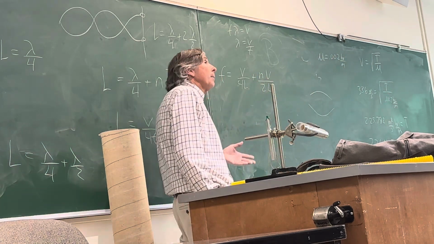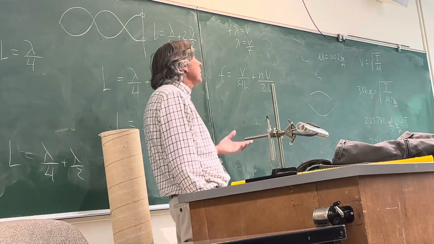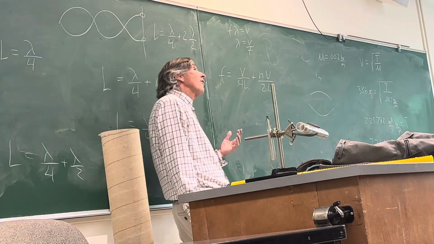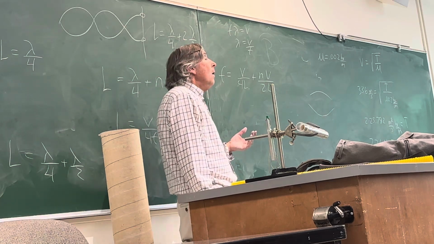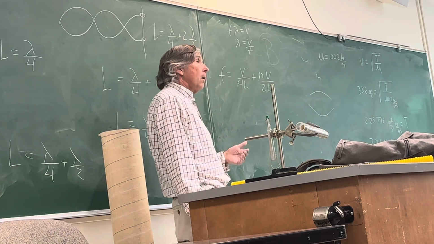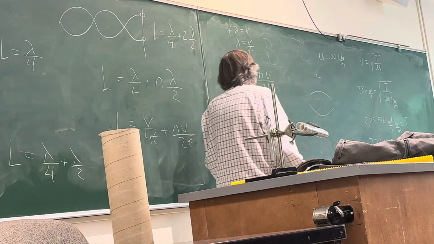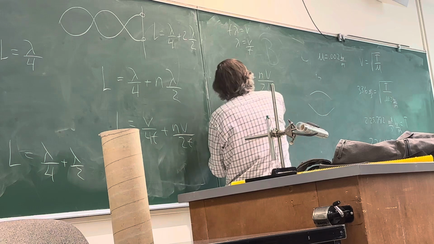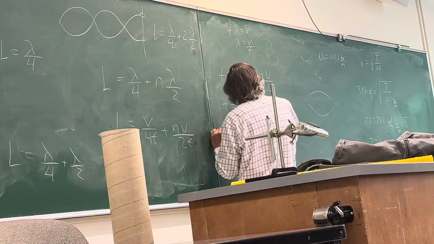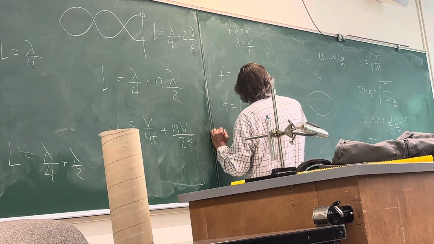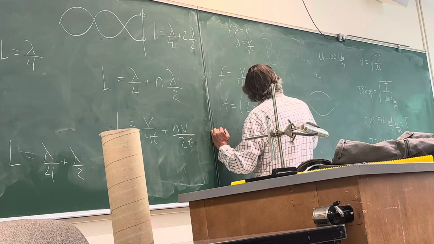You don't talk about it this way. What they will say, and I really think this goes back to music theory from the 1500s, is that you only get the odd harmonics for something like this. And the way they explain that is they say you can factor this. You can write the resonance frequencies as 2n plus 1 times v over 4L.